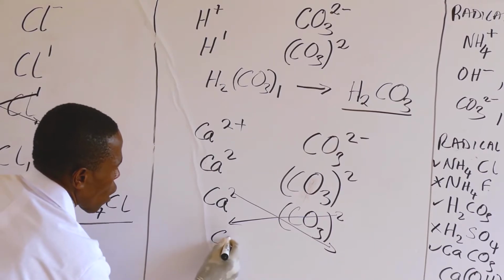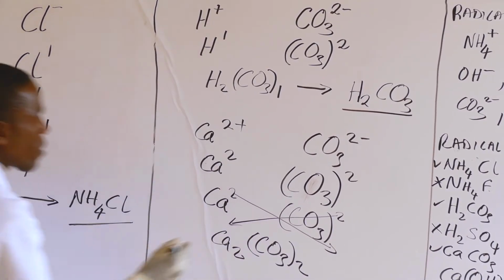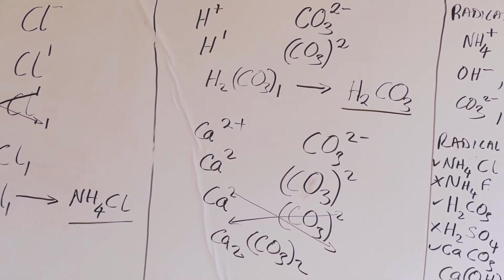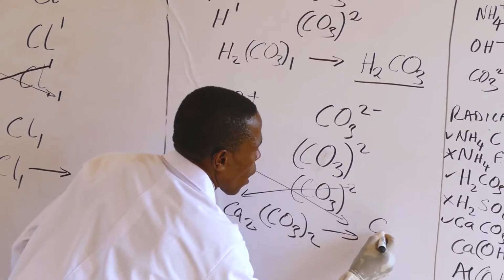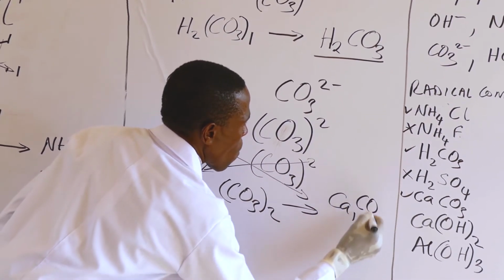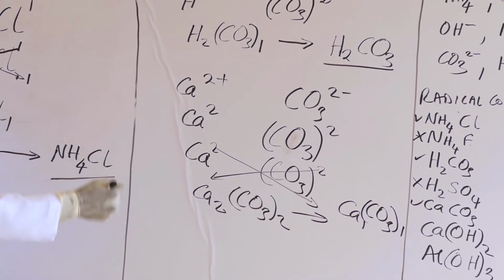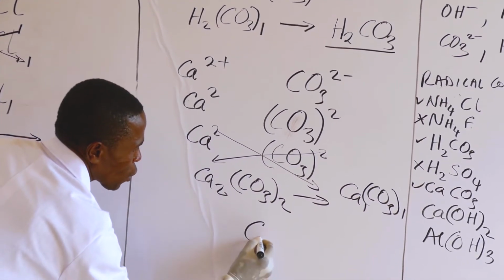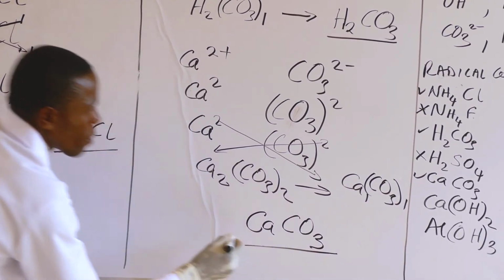So it becomes calcium with 2 and carbonate with 2. Now the numbers can be simplified, so it becomes calcium with 1 and carbonate outside the bracket 1. Finally, 1 is not indicated in the chemical formula, so we write calcium carbonate without a bracket.